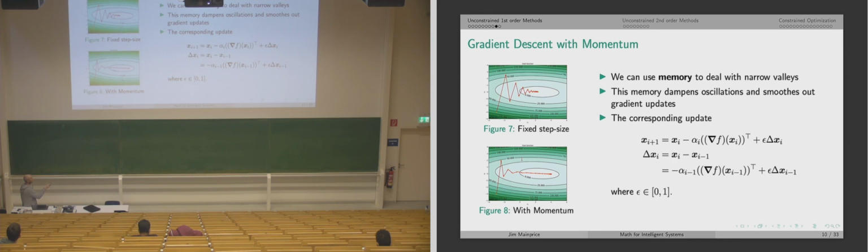So you can identify that this was your previous update. It's this part, but from the previous time step, so you see this i minus 1, i minus 1, i minus 1. So that's it. You keep a little bit of the previous update in your current update. And that's called momentum.